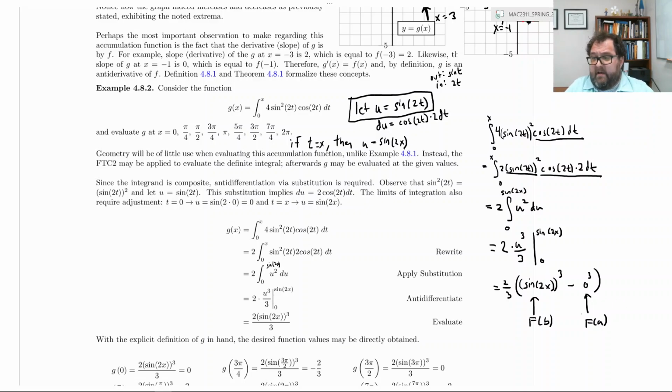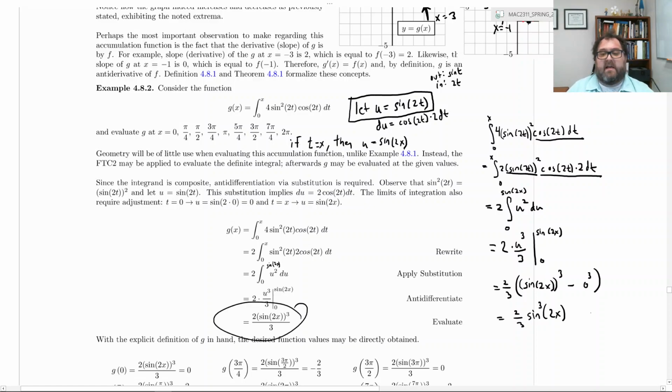Now, what do we have? Well, let's just clean this up a little bit. We're basically done with finding the expression of g of x. We just get 2/3 times sine cubed 2x, which, by the way, is exactly what I have there.